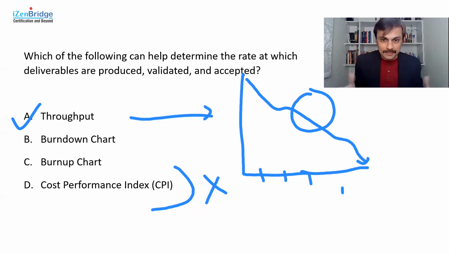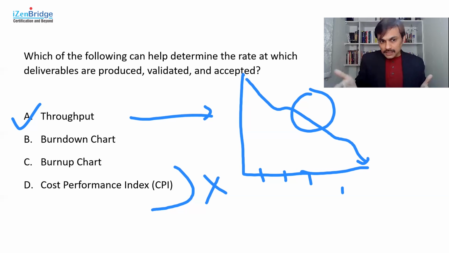I usually take an example. If you're a pizza store and you say that in a given day, on average, we dispatched 1,000 pizzas, and that's your throughput for the day, that shows that number of pizzas got produced, validated, and accepted in a given day, and that helps you in doing the planning for your upcoming capacity or upcoming days as well.